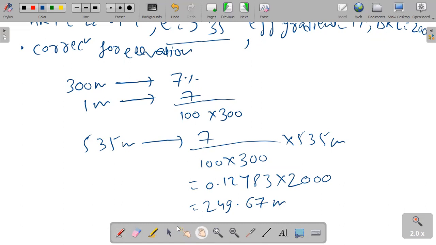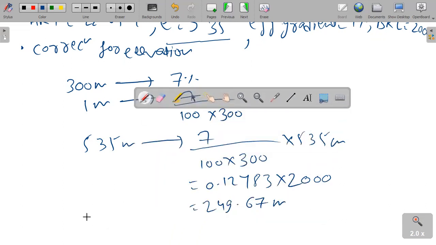So the total corrected length from elevation is 2000 plus 249.67.